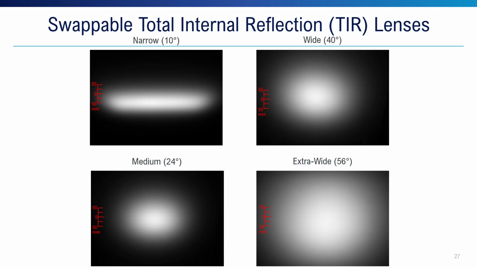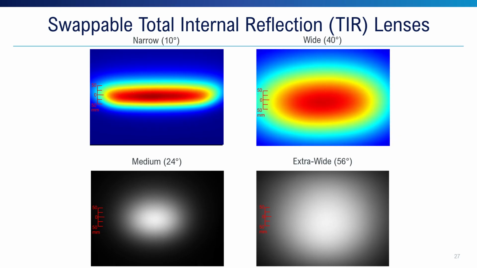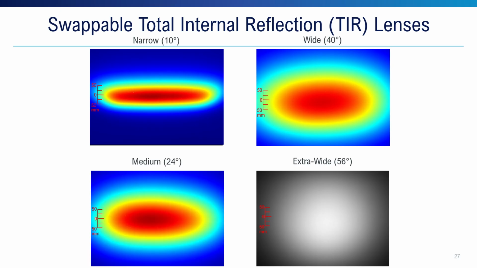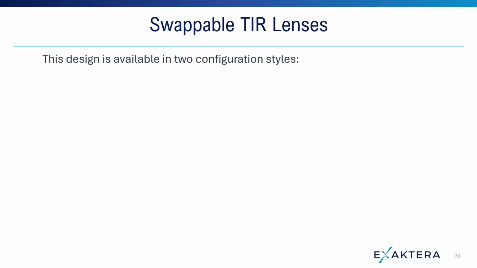This maximizes light transmission and produces a highly uniform output, a critical advantage in demanding, high-speed applications, where a TIR system can be nearly twice as efficient as a spherical lens system and provide 4 times the efficiency of a system using swappable diffusers.